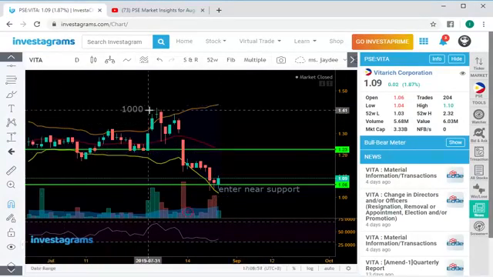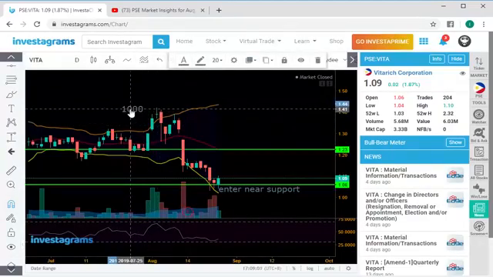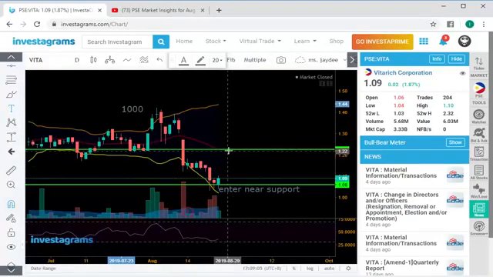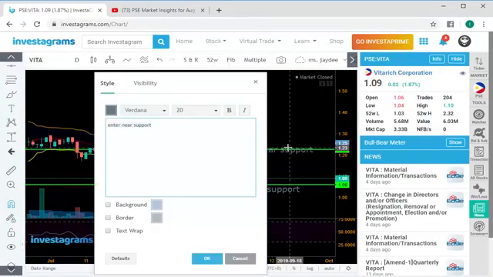Let us say if you have 1,000 shares here, you sell X% of shares in the resistance area.